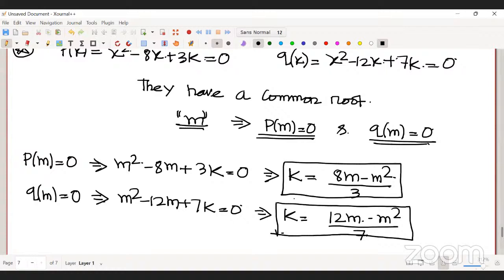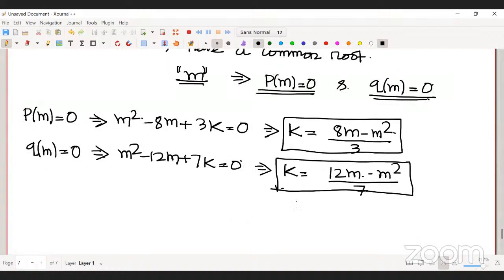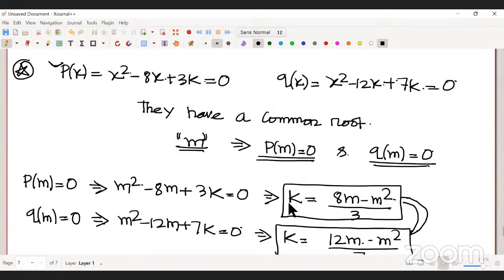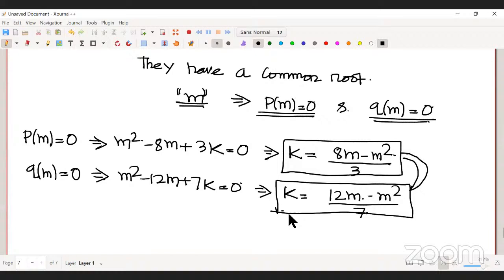So that means these two things have to be equal, right? Because from P, the value of k is 8m minus m square by 3, and from Q, the value of k is 12m minus m square by 7.